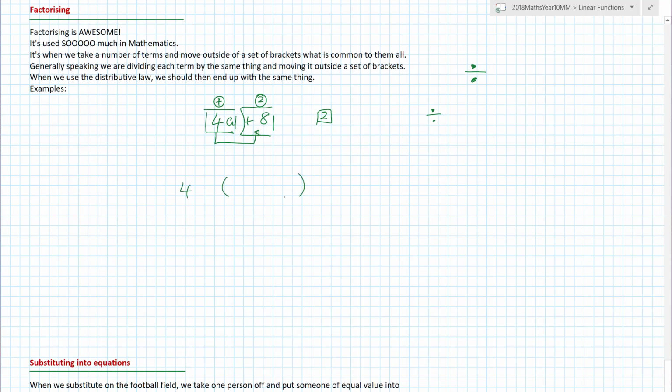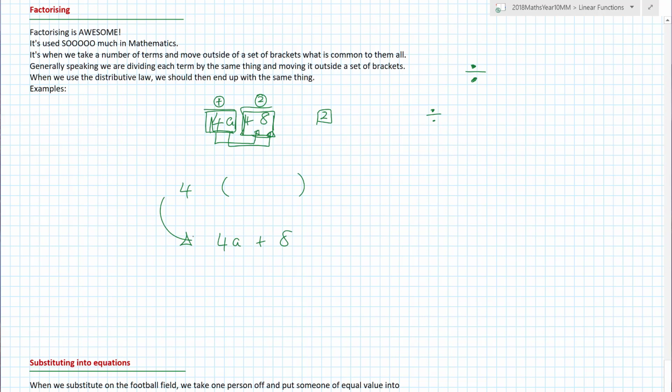And I'm going to leave a space for the moment, because having dealt with the coefficients, we then look at the rest of the term. Do they share common letters? Well, while this first term has an a in it, this second term just has a number. So there's no common letters. I'm done. So I've got to end back up with 4a plus 8 when I multiply this bracket out.